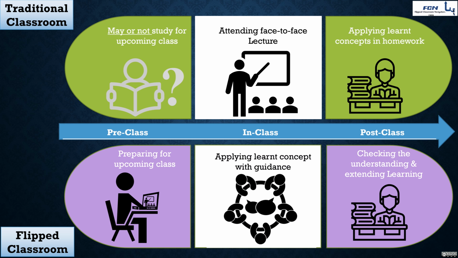In flipped classroom, students get the basic information before attending face-to-face classroom through pre-class learning material. Students attend the face-to-face classroom so they can apply the learned concept with guidance from the teacher. Post-class activities are designed for checking students' understanding and extending their learning.